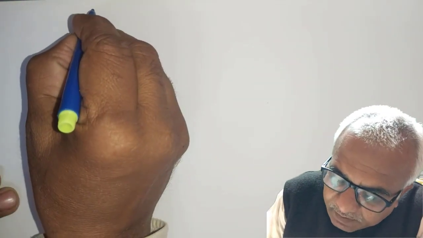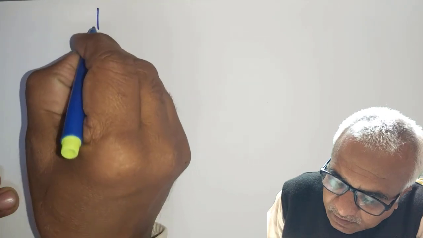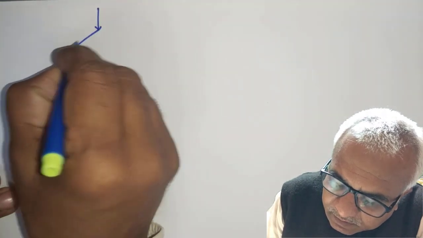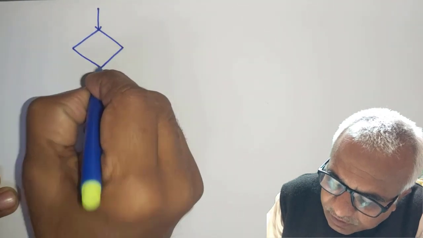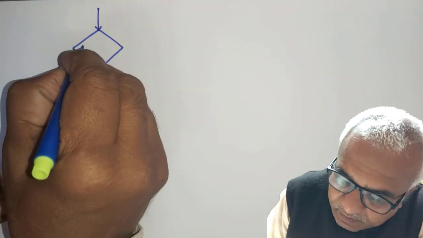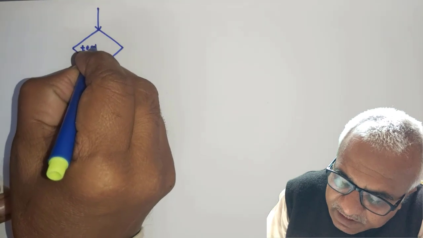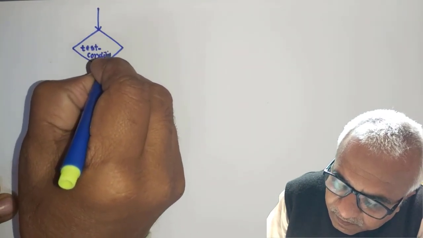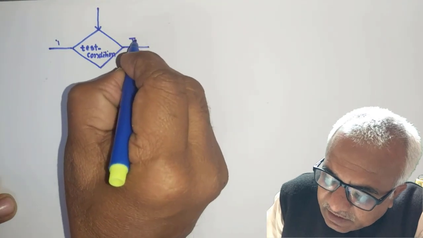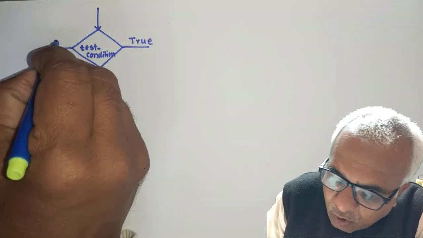The flowchart representation of the simple if statement can be drawn as here. This is the decision making box, we call it a diamond box. Right here is the test condition. This test condition is either true or false.